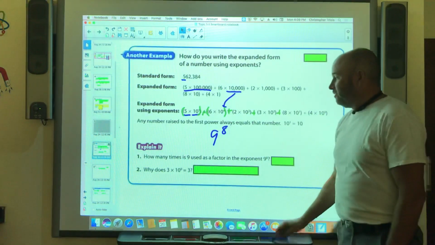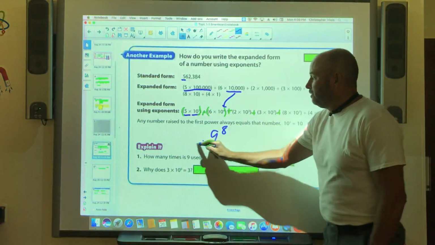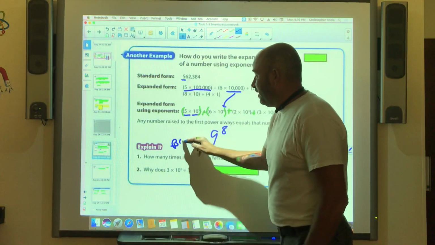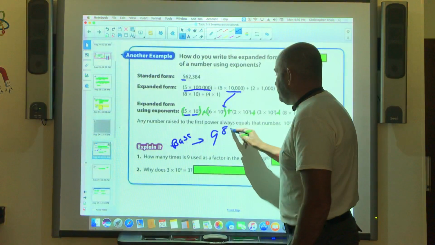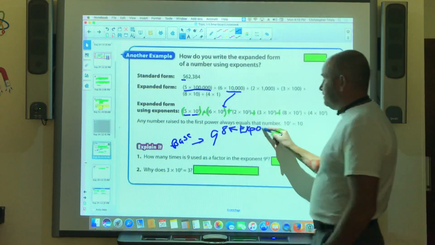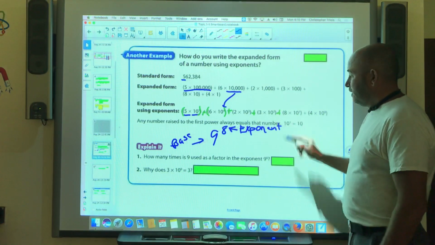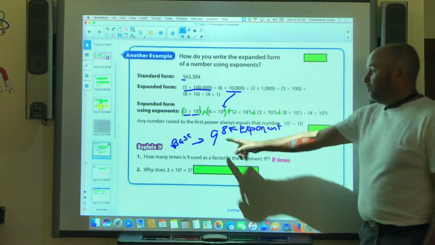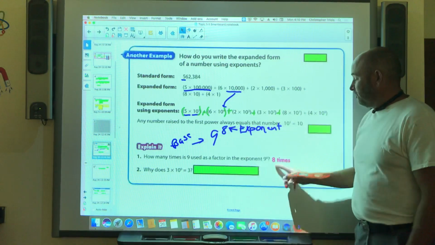Well, remember, 9 is your what? Base, and 8 is the exponent, right? 8 is the exponent, which means that you will use 9 as a factor 8 times.